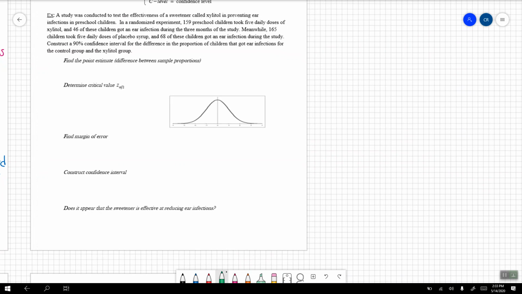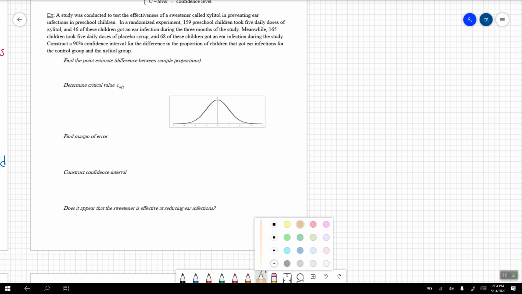In a randomized experiment, 159 preschool children took 5 daily doses of xylitol, and 46 of these children got an ear infection during the 3 months of the study. Meanwhile, 165 children took 5 daily doses of placebo syrup, and 68 of these children got an ear infection during the study. So what we want is to construct a 90% confidence interval.